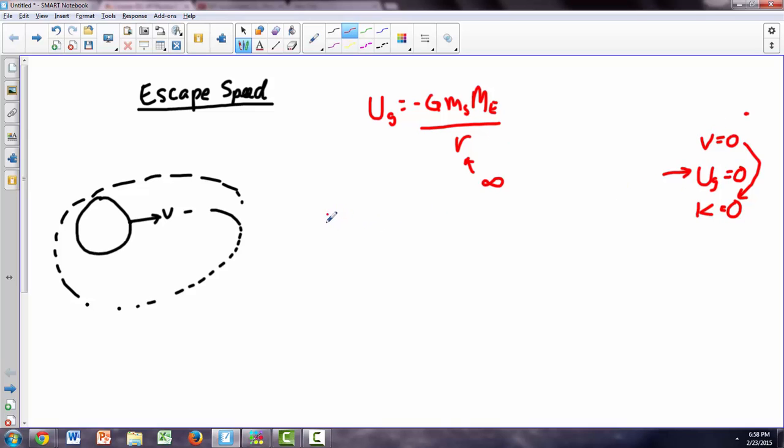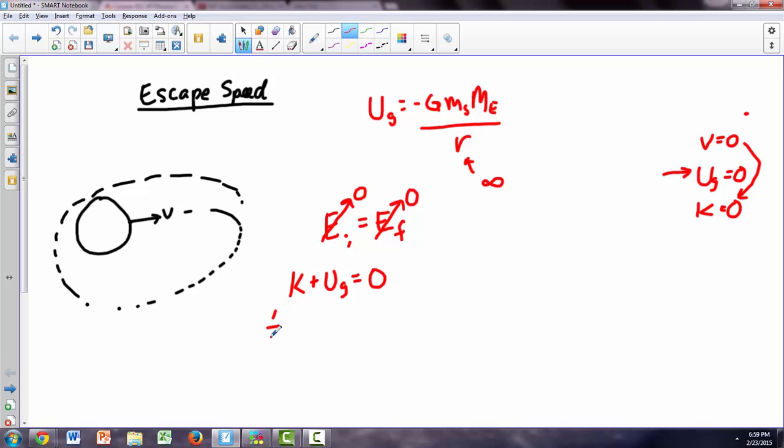So since energy is conserved, whatever I start with has to be the same amount of energy I finish with. Well, since I'm finishing with zero, I must start with zero. And you might say, well, how can you start with zero? Because I have kinetic plus gravitational potential at the beginning equal to zero.